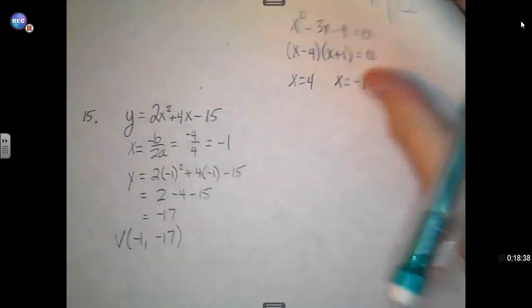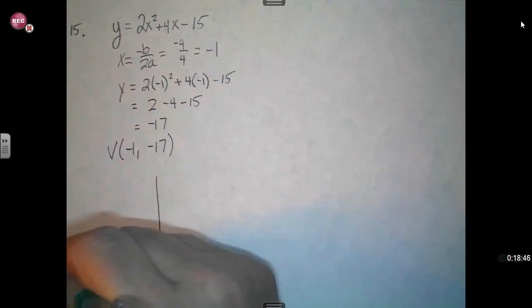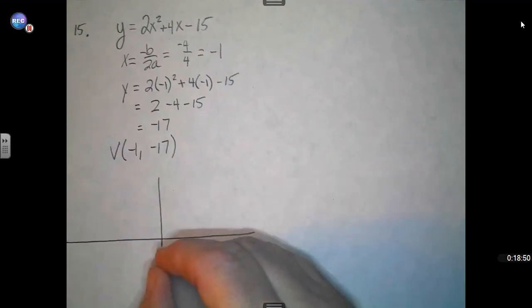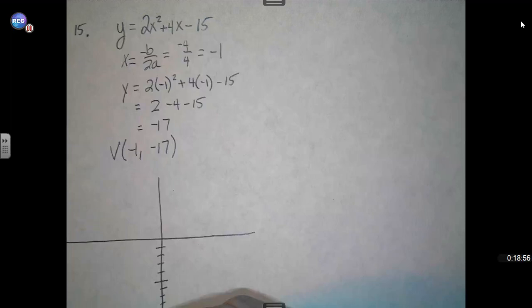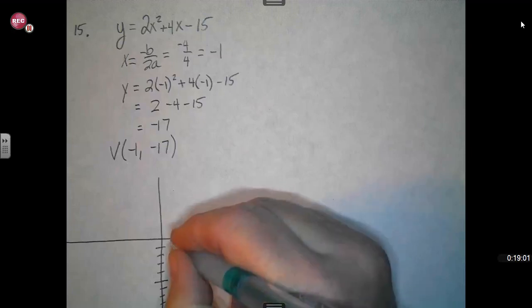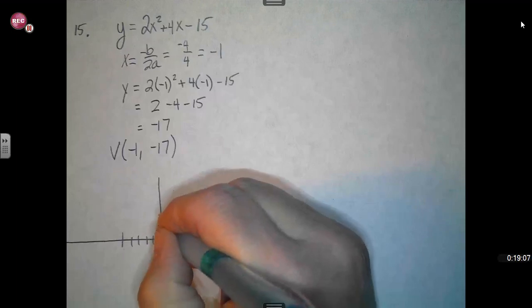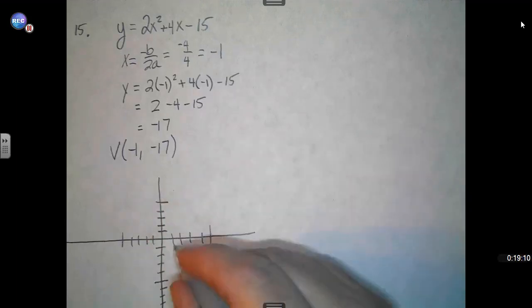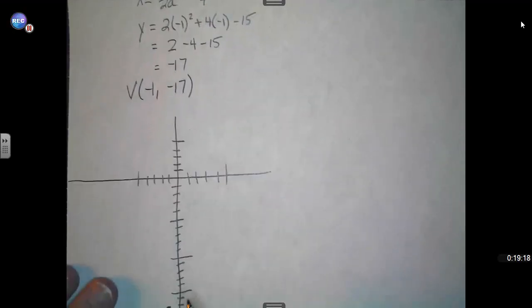And this parabola opens up, so that's going to be way down yonder. Negative 1, negative 17 is down here. That's my vertex.